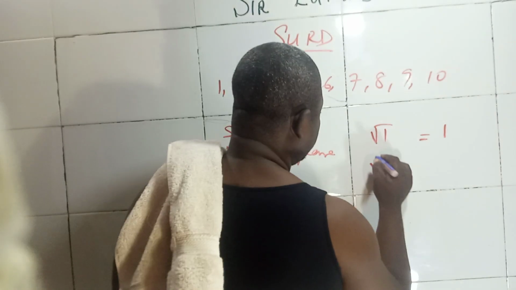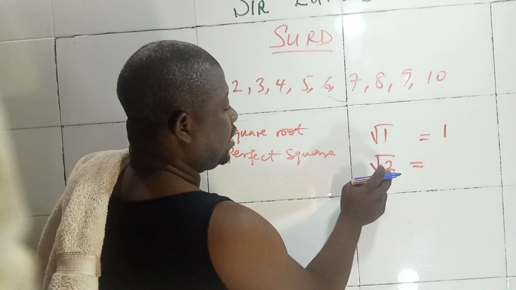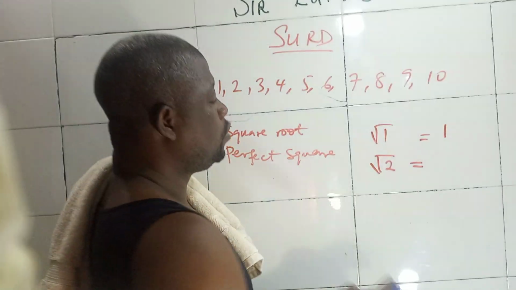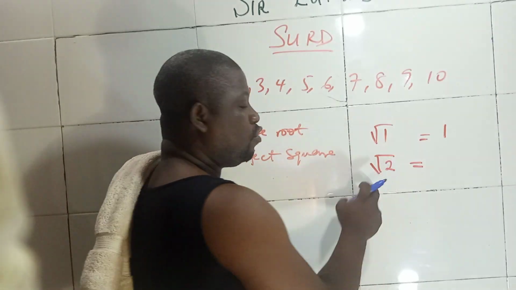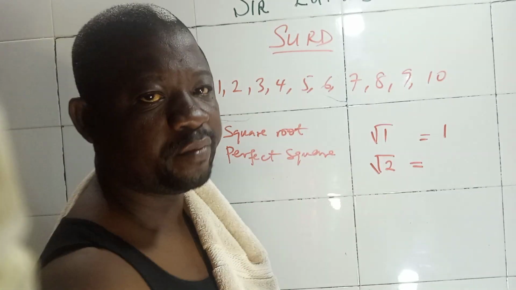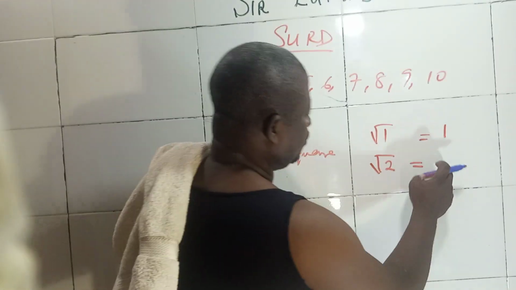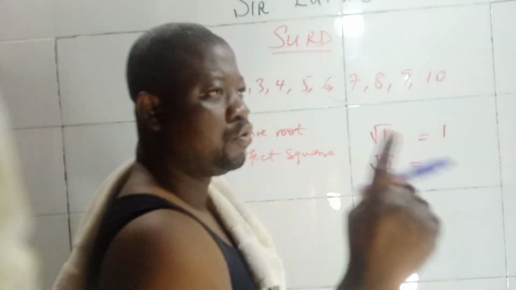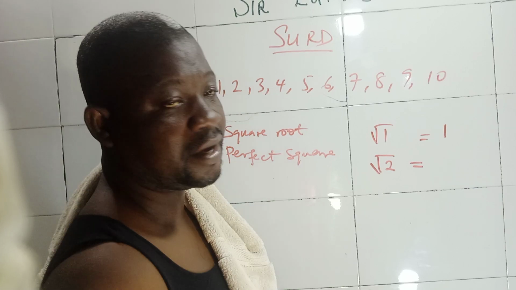If I go again and ask what is the square root of 2, you press your calculator and you can never get a whole number. So when you don't get a whole number as a square root, that number is a surd number. That is, it cannot be expressed as a whole number. Rather, it's going to be in decimal point using a calculator.